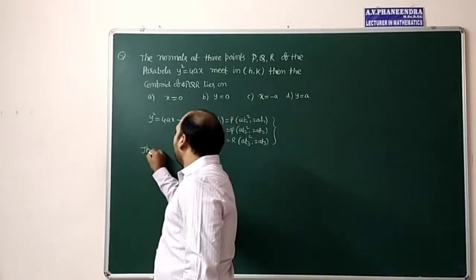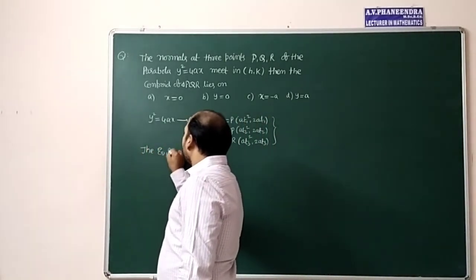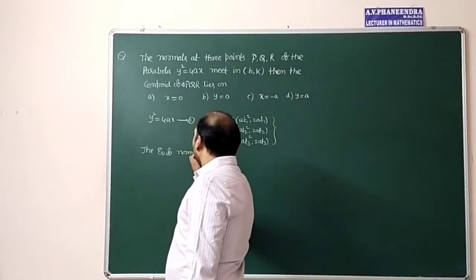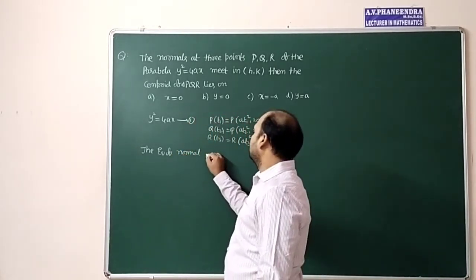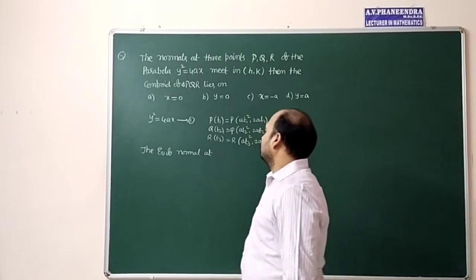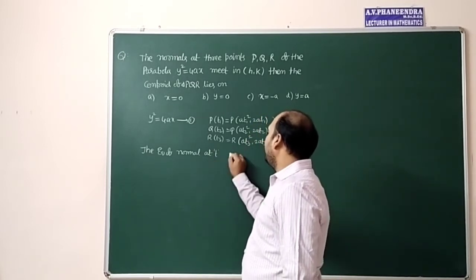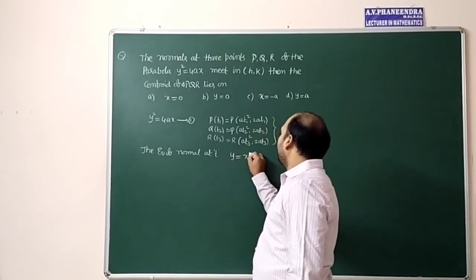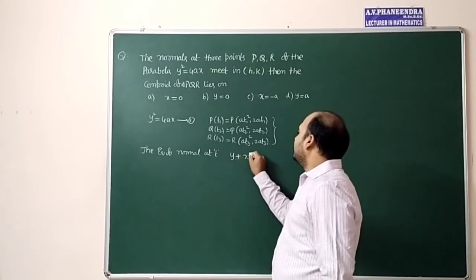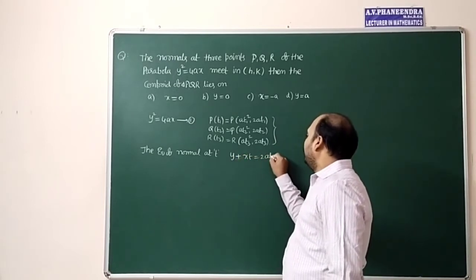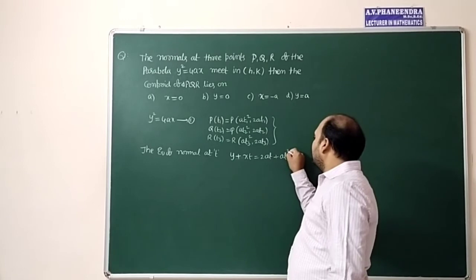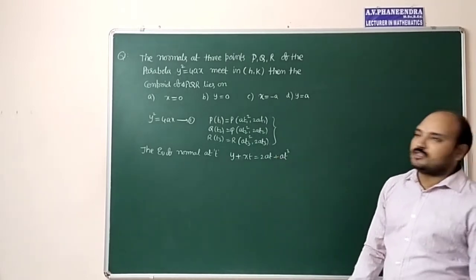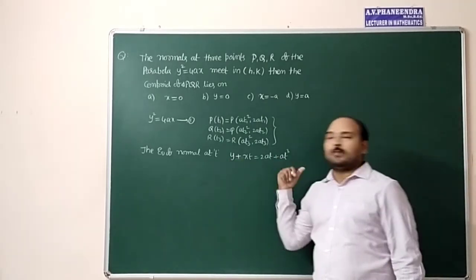The equation of normal at t, generally I am writing, y plus xt is equal to 2at plus at cube. This is the normal equation of the parabola at a parametric point.